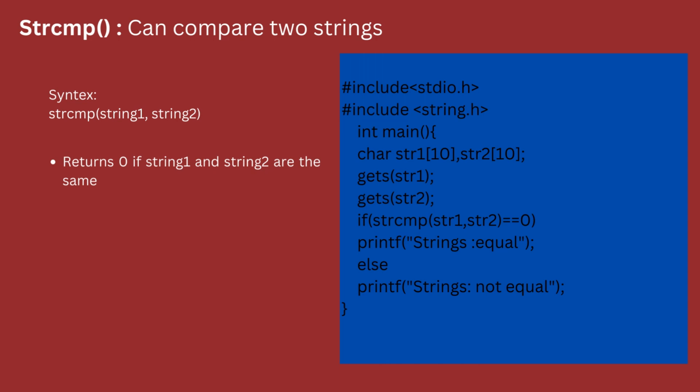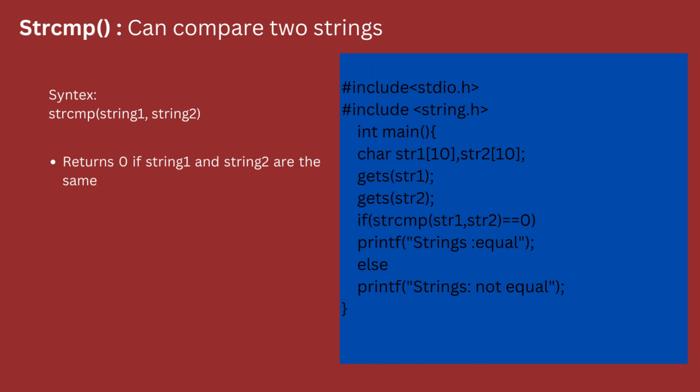Then whatever the return value, we need to compare to find out if it is equal or not. If it is not equal to 0, that means it is not equal, whether it returns a minus value or a plus value greater than 0. But if it is 0, that means the strings are equal.